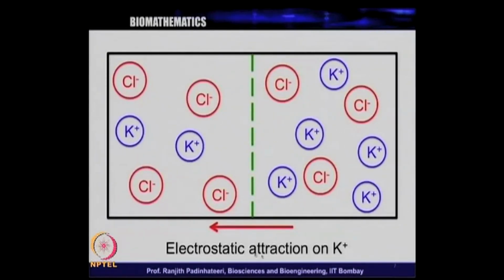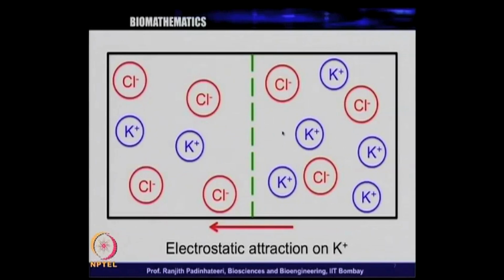So, there will be an electrostatic attraction on K plus, just because many K plus were flowing in this direction. The number of K plus increased here, so the number of positive charges increased here, and therefore the number of negative charges increased on the other side. Look at this picture carefully.